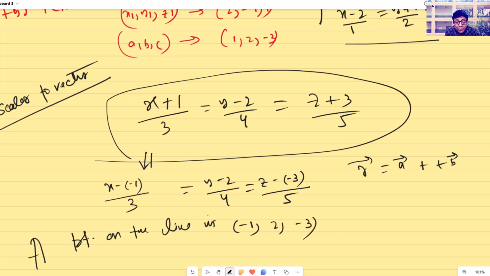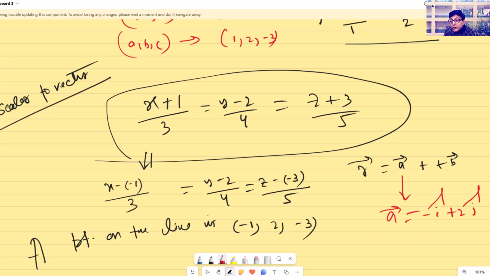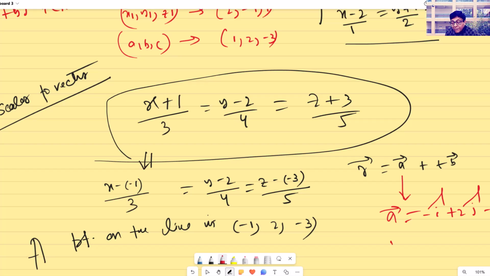But a point on the line we need to get in the form of a, which is a vector. So how do I write a? A will be minus i, 2j, minus 3k. How do I write the b vector? It is directed along 3, 4, 5. So b is going to be along 3i, 4j, 5k. Clear?